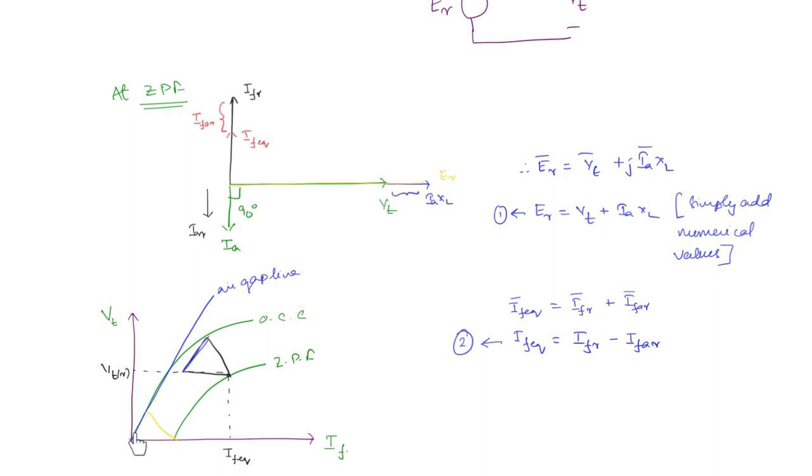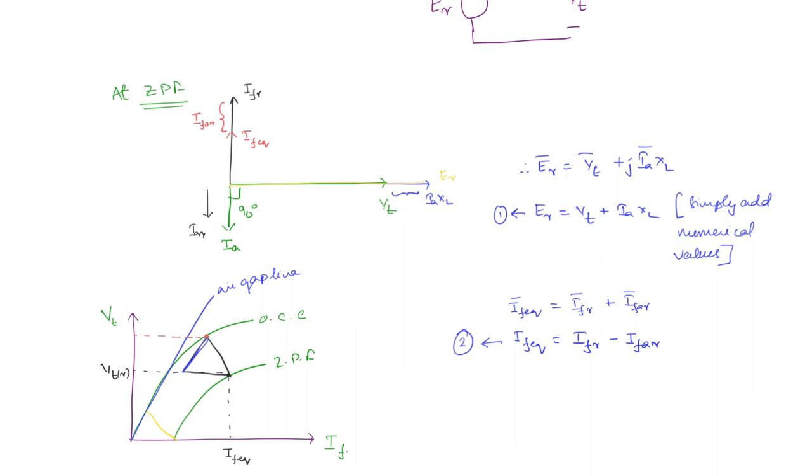This side of the triangle is nothing but the air gap line. We can approximate this part of the curve as a straight line, which is the air gap line. The initial slope is the air gap line. So that is why on this side also we are drawing the line parallel to the air gap line. Wherever it is intersecting the open circuit characteristic, that will be the required open circuit voltage in order to get this terminal voltage. Okay.